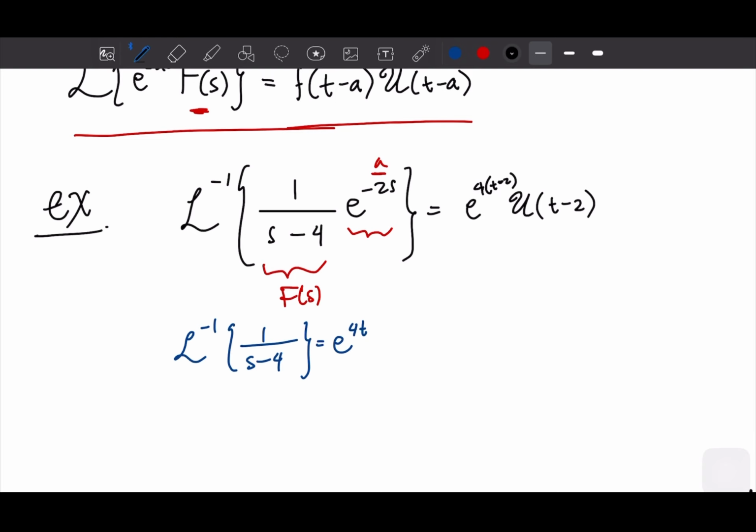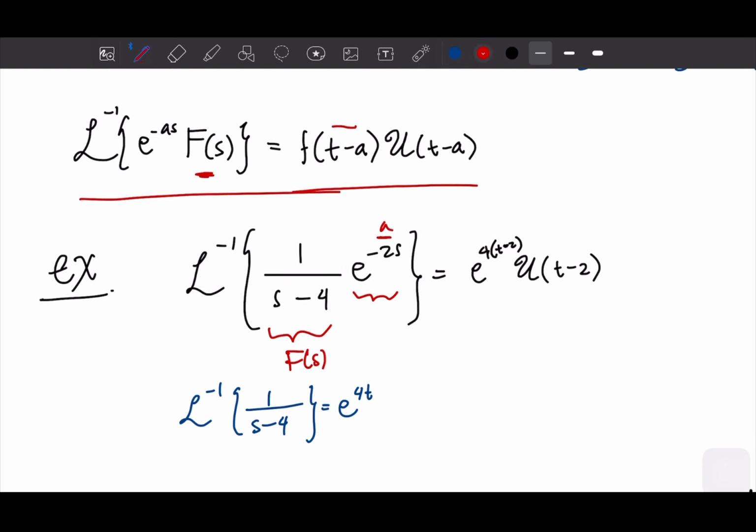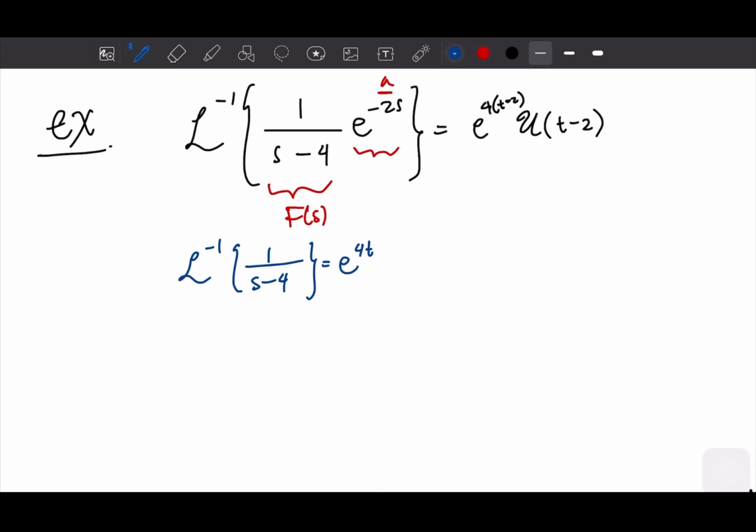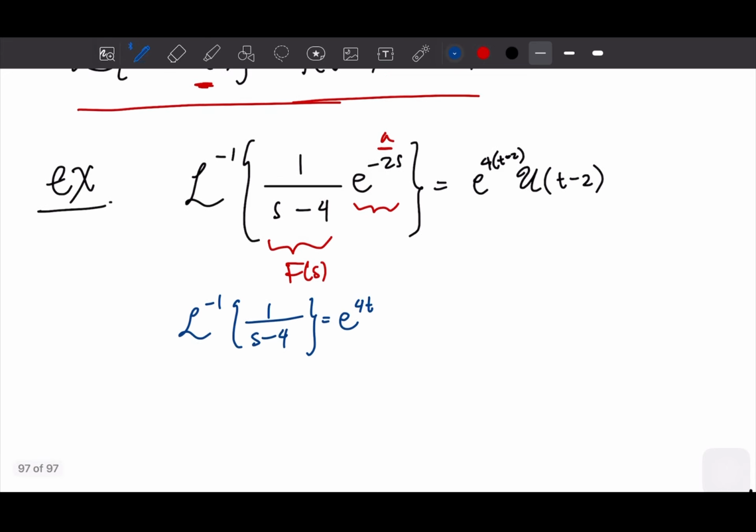Because this is supposed to be t minus a, everything needs to be changed to t minus a. So every time you have an inverse form of a function multiplied with an exponent, and usually the variables are the same variable here, well, it could be any variable, but usually we use s.